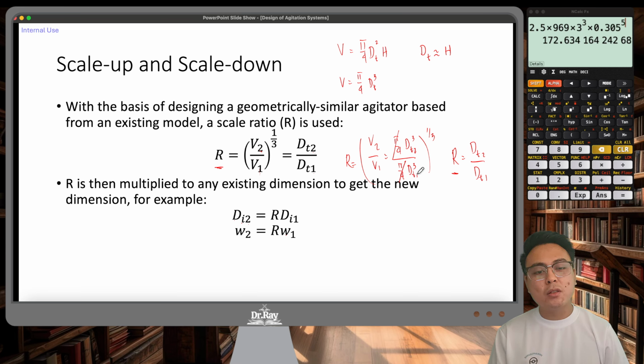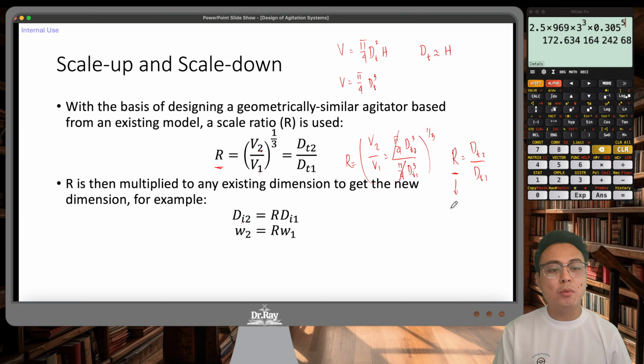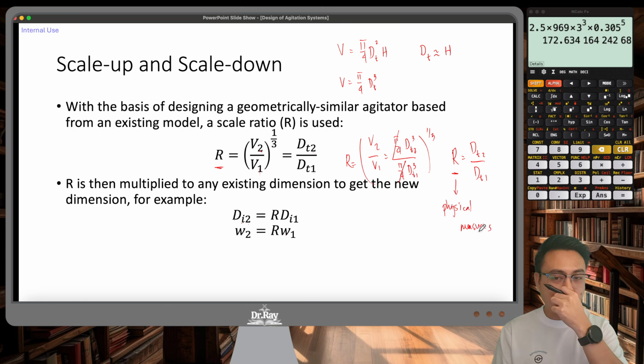Now, all of this, this scale ratio R, has something to do with the physical measurement, no? Meaning lengths or sizes in general. But another important thing for us to remember is that it's a little bit complicated now to judge what happens to your impeller speed and to the power required by the agitator once we make it bigger or once we make it smaller.